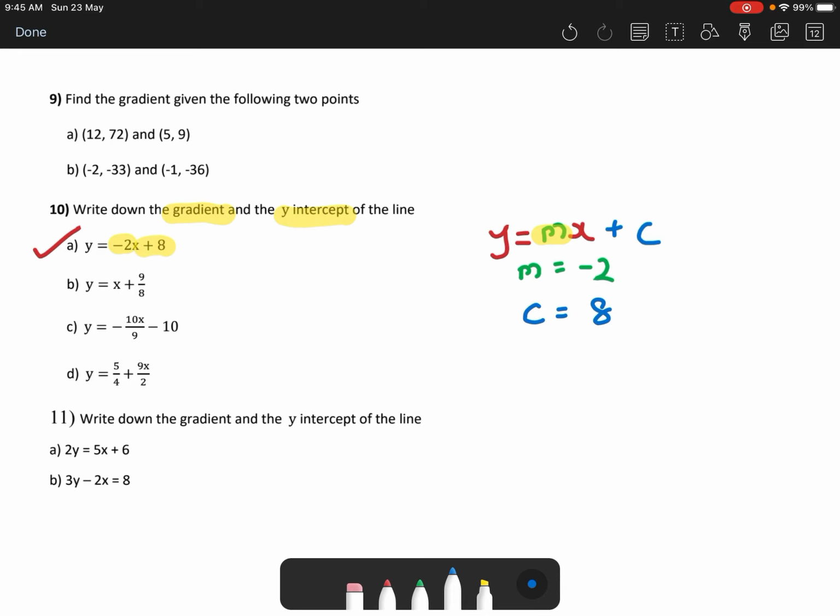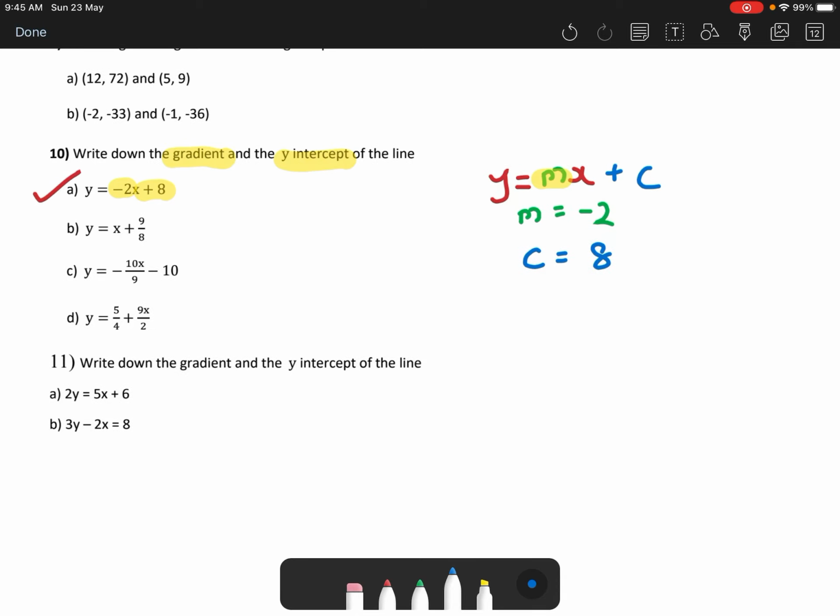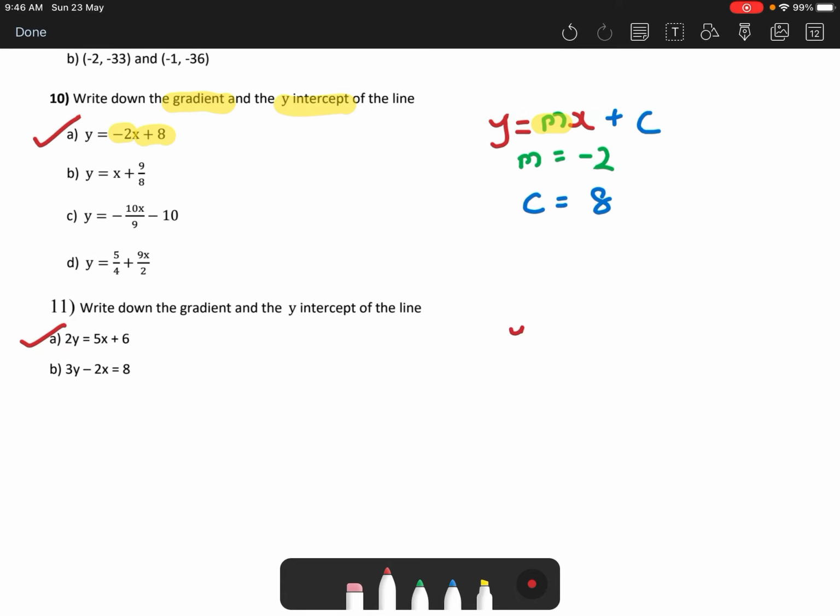So this is how we find the gradient and y-intercept given the equation. Of course, if you look at question 11, we got an equation of 2y equal to 5x plus 6. This is a bit weird because our general form is y equal to mx plus c, but we are given 2y equal to 5x plus 6.